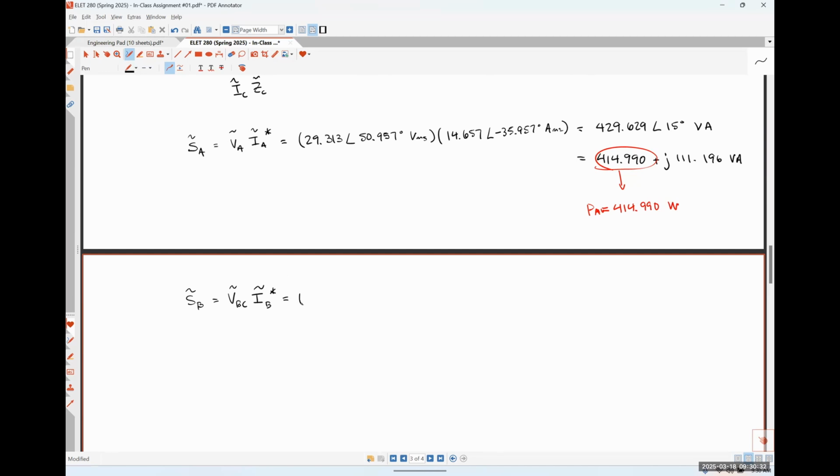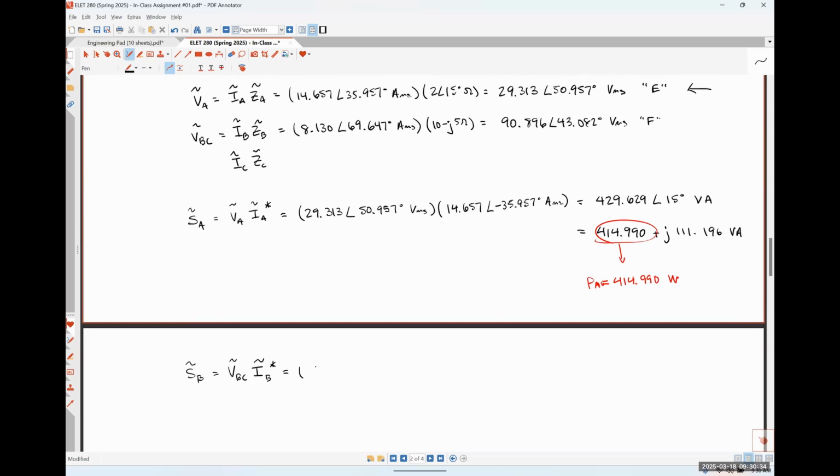Well, VBC we found to be 90.896 with an angle of 43.082 degrees, volts RMS.